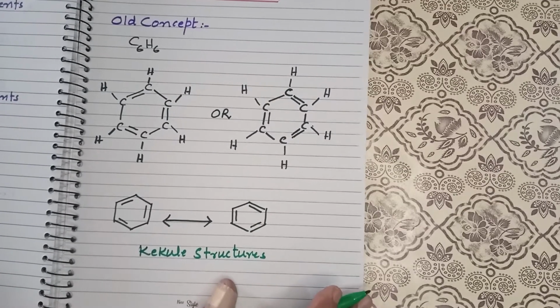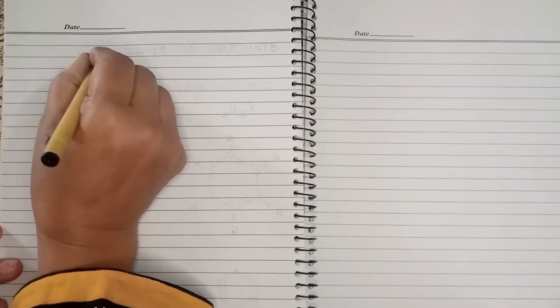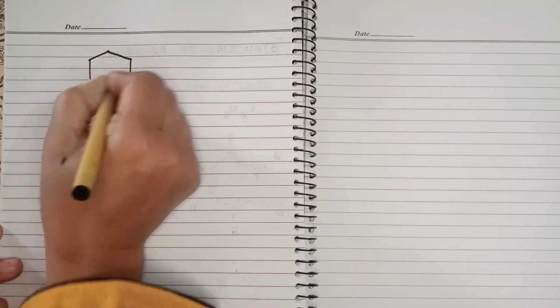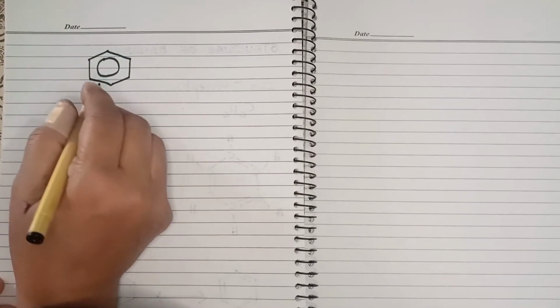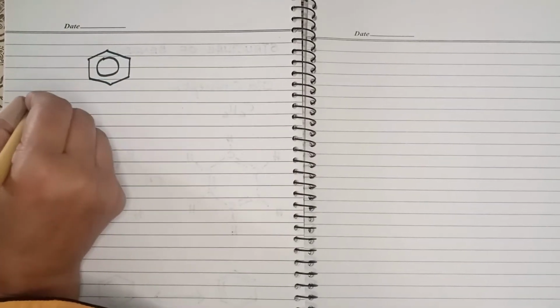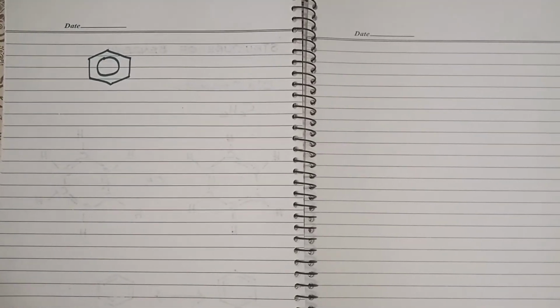So how can we represent the third structure of benzene? We make the structure of benzene like this, and instead of drawing pi electrons, we write a circle inside the benzene ring. This structure of benzene is known as the Robinson structure.